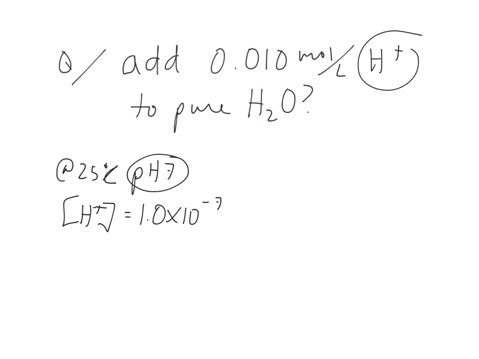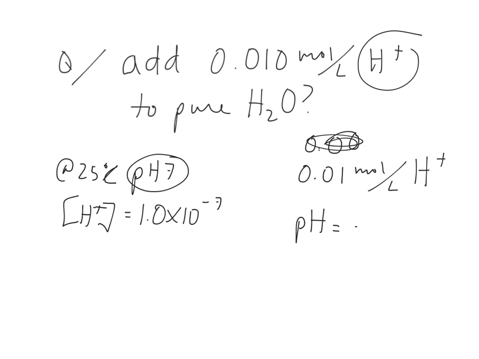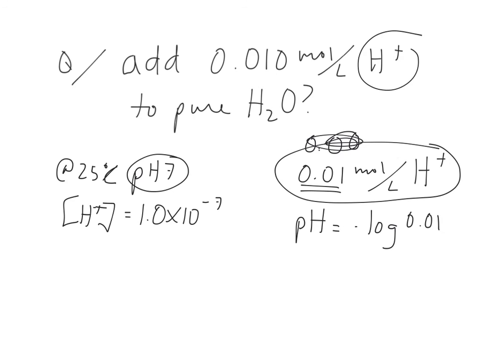If I added 0.01 mole per liter proton to a water solution, then the pH of water would change significantly. The pH value would essentially be the negative log of the 0.01, because even though 0.01 is a pretty small concentration of proton, it's still way bigger than what's going on with the autoionization of water, right?